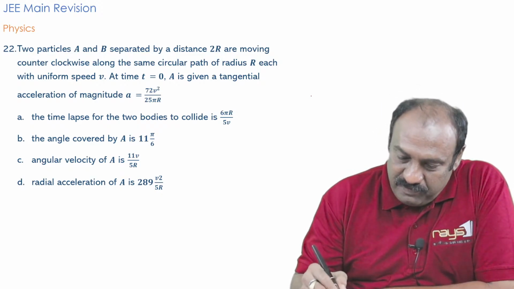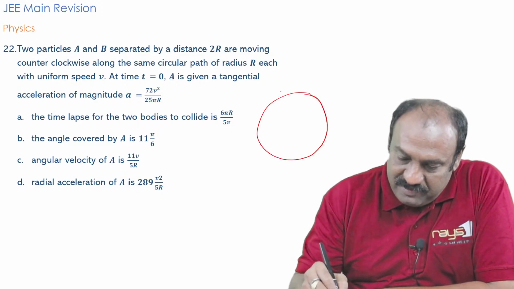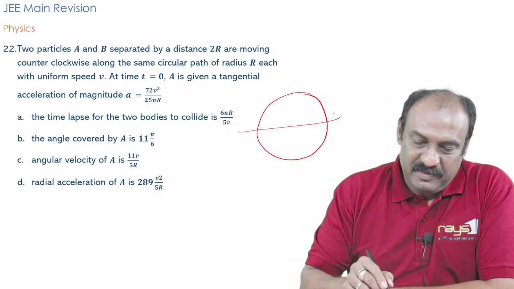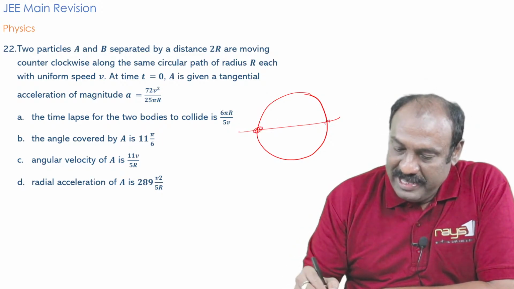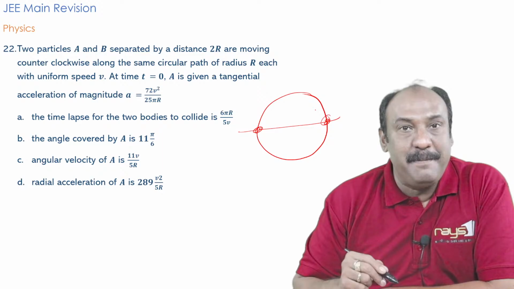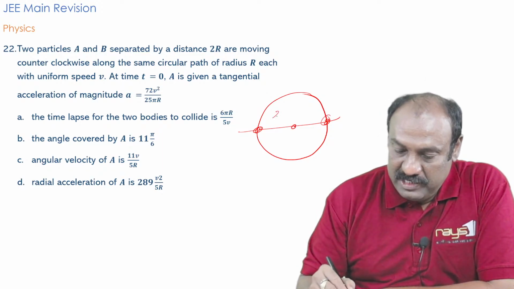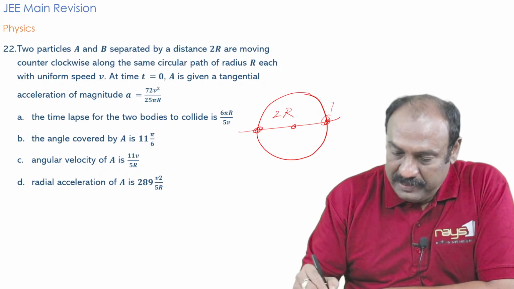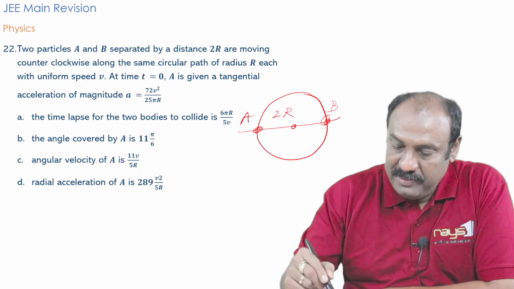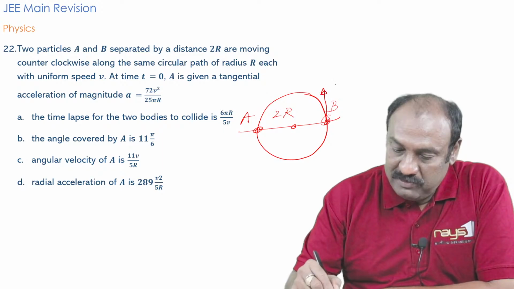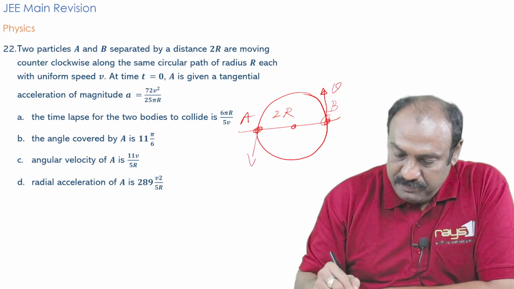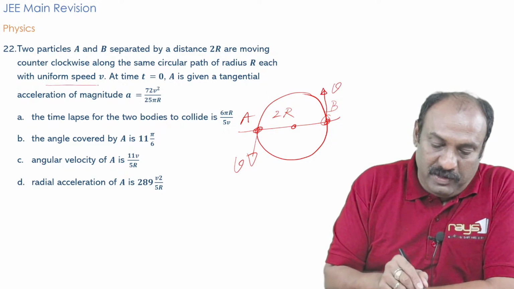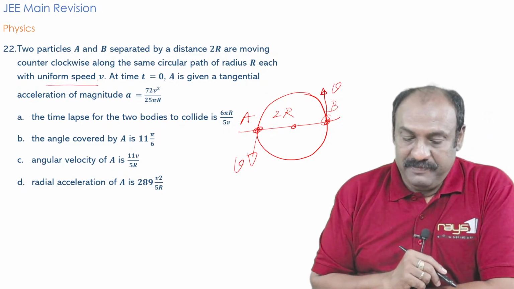So two particles are moving in counterclockwise direction, separated by a distance 2r, indirectly both are at the ends of the diameter of the circle. So this is particle B, this is particle A. Initially both move with uniform speed v in counterclockwise direction at t equal to 0.